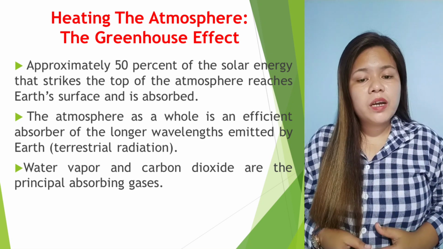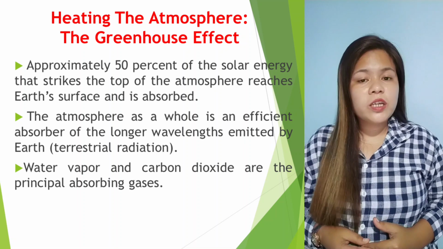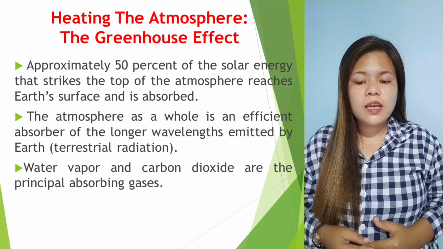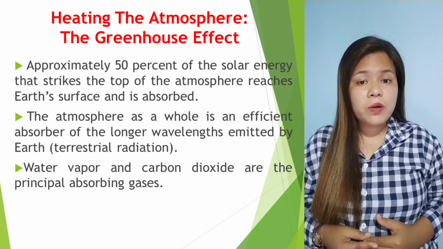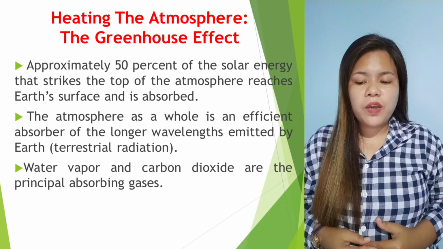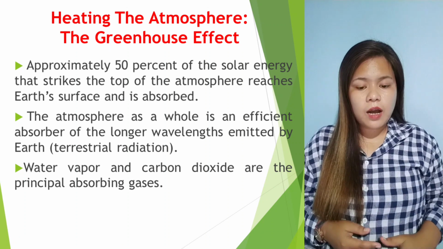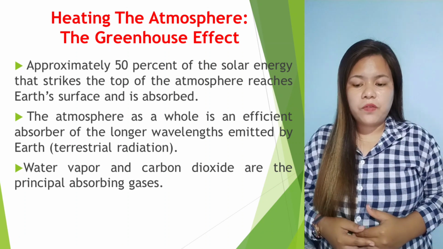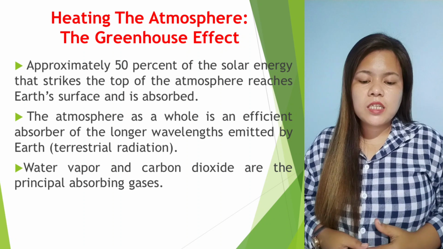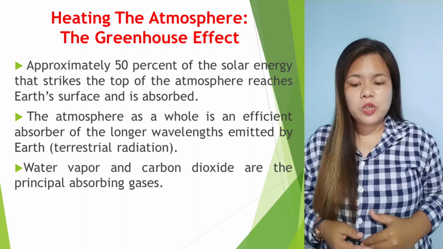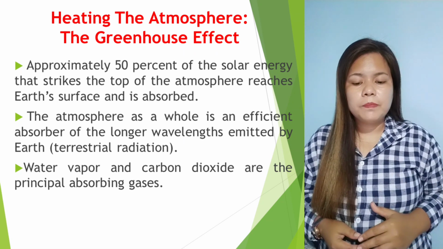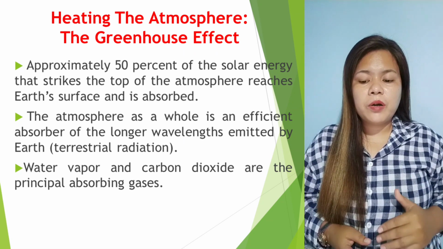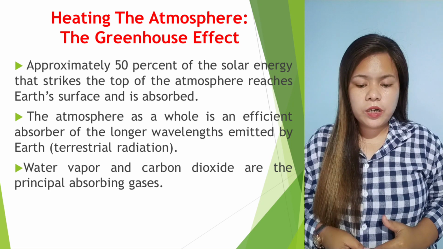Because the atmosphere is quite transparent to shorter wavelength solar radiation and more readily absorbs longer wavelength terrestrial radiation, the atmosphere is heated from the ground up rather than vice versa. This explains the general drop in temperature with increasing altitude experienced in the troposphere. The farther from the radiator, the colder it becomes.